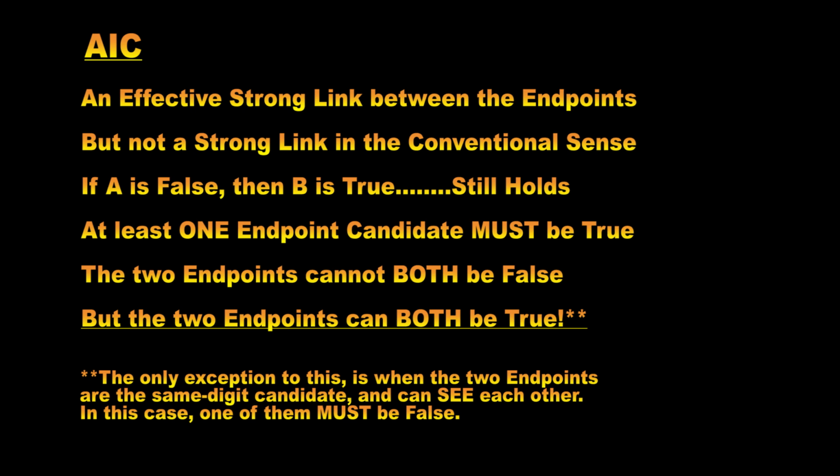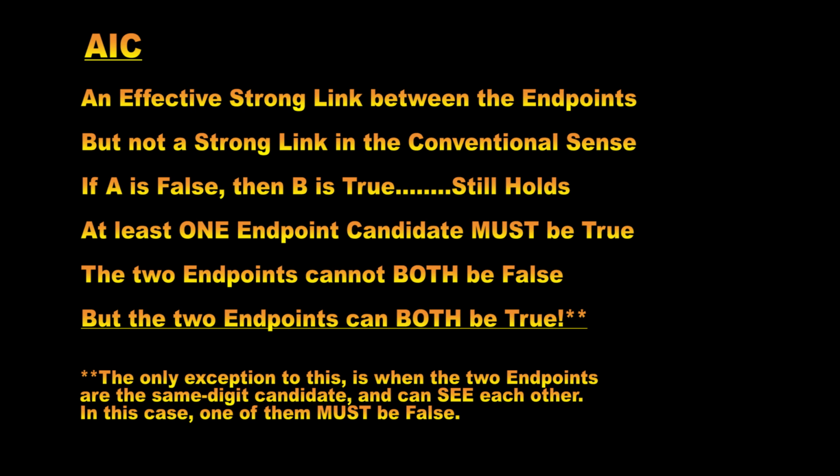But be aware that unlike a strong link in the conventional sense, i.e. between the only 2 remaining same-digit candidates within a house, or between the only 2 remaining candidates in a by-value cell, where one of the 2 candidates must be false, in this case, when we're looking at the 2 endpoints of an AIC, it is actually possible that both endpoint candidates could be true. At least one of them must be true, but they can both be true. That's right, they can both be true.